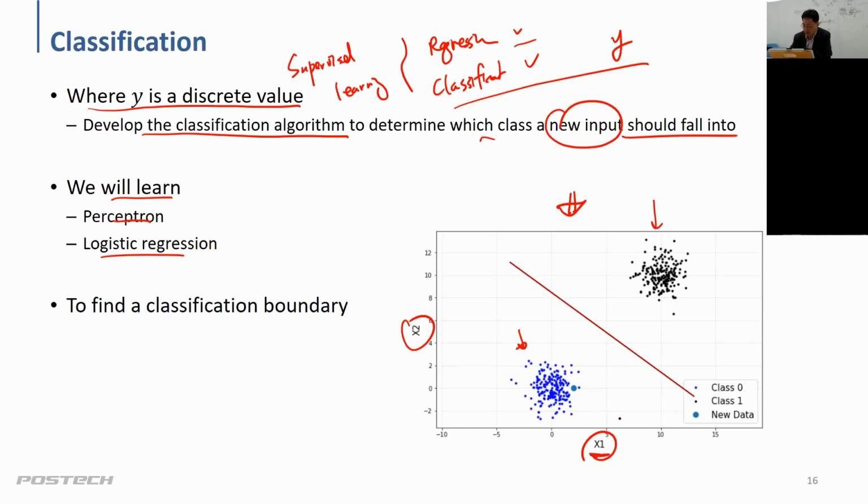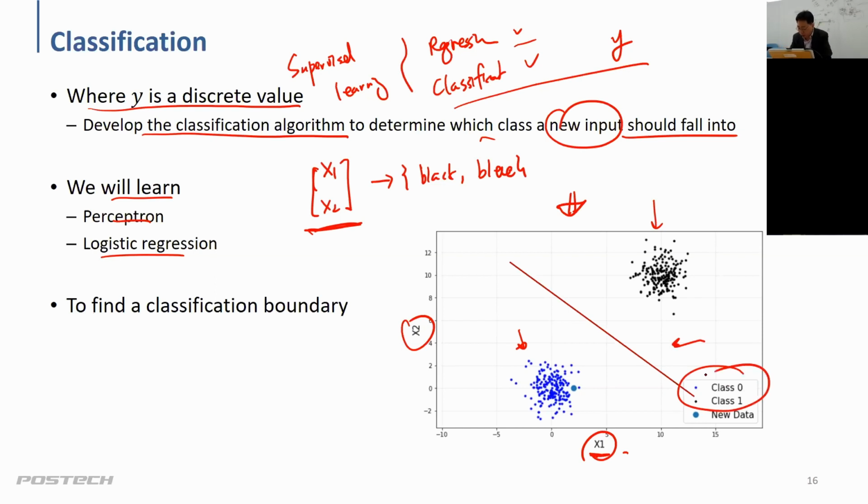In the regression problems, this one was the input and this one was the output, right? But in this case, the input is x1, x2, and the output is black or blue. So in this figure, the color represents discrete values as labels, and we have two-dimensional inputs.